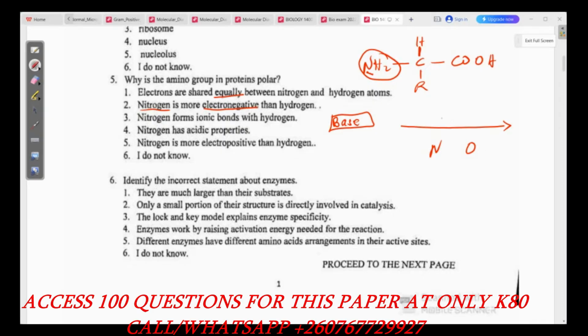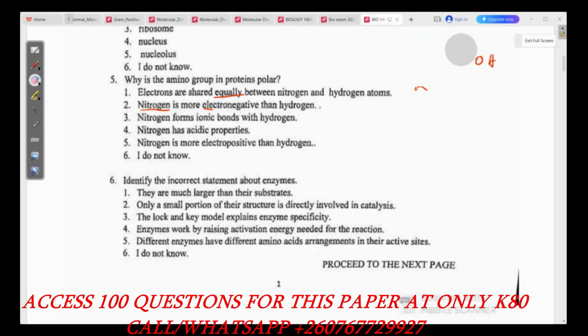We have hydrogen somewhere. As you move from left to right, the electronegativity tends to increase, if I'm not mistaken. So nitrogen is more electronegative than hydrogen.